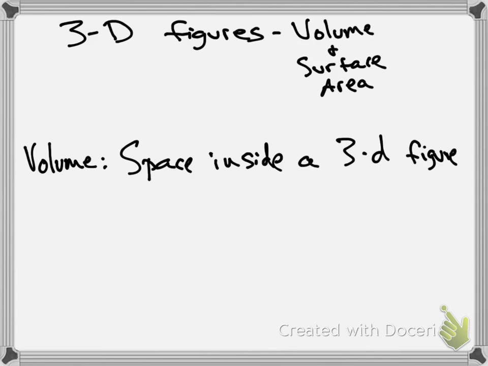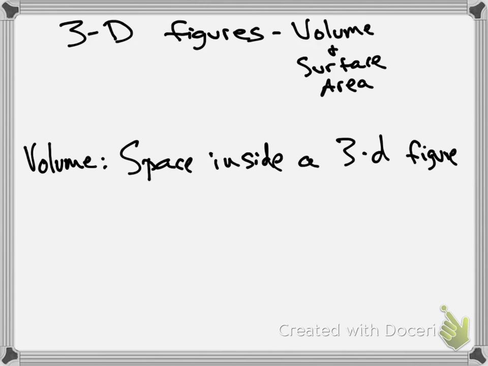Or when you open up a box of Legos, how many Legos actually fit inside of that box? What we're talking about there is volume, the space inside of a three-dimensional shape. In the case of cereal, they actually will tell you the volume. That comes in ounces. They'll usually give you a measurement in ounces on a box of cereal or something like that.